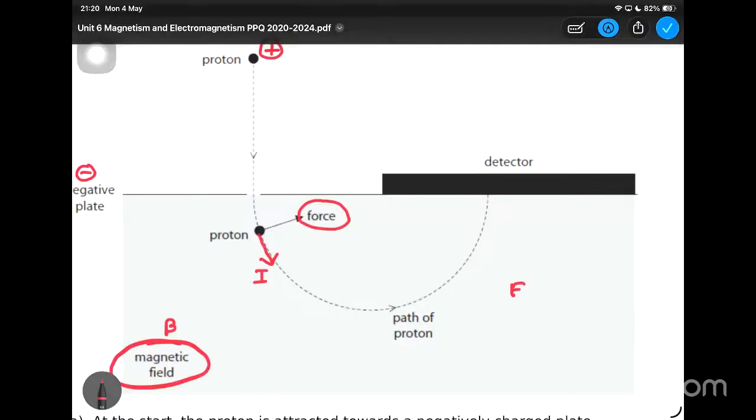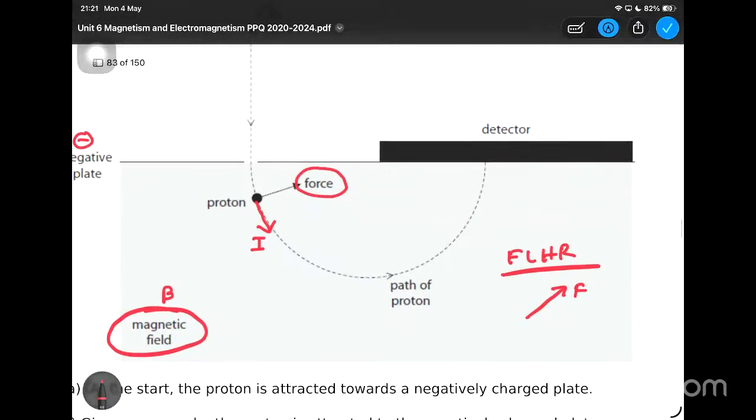So if we apply Fleming's left-hand rule, here you can see force in this direction and current in this direction. So thumb, FBI, right?